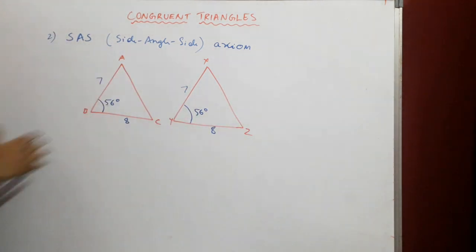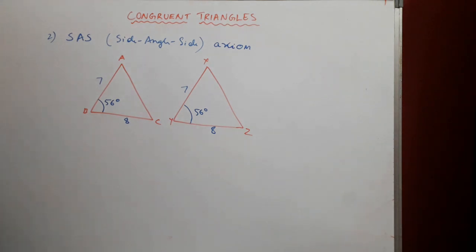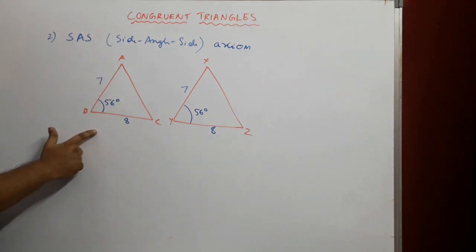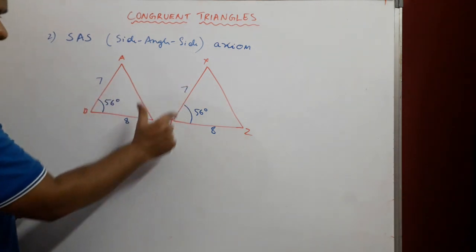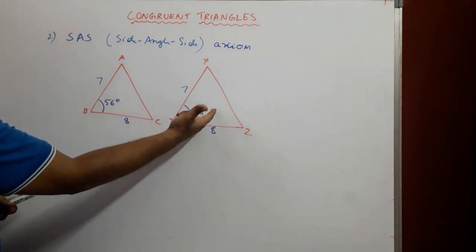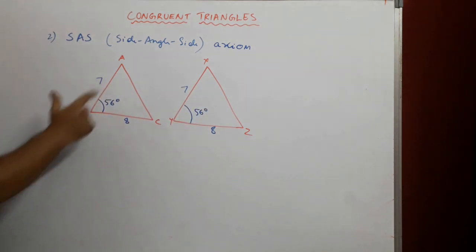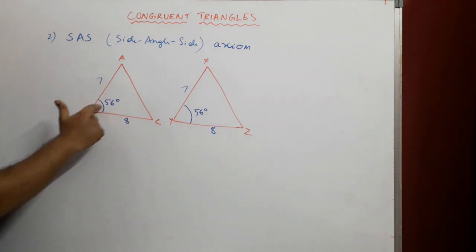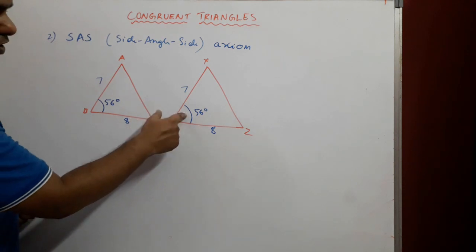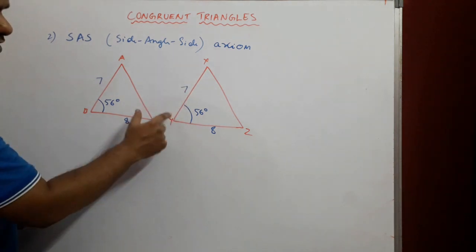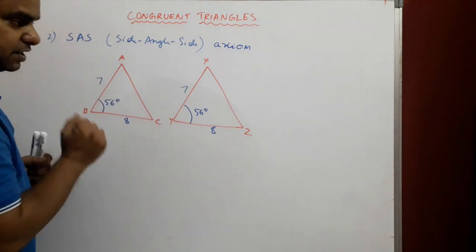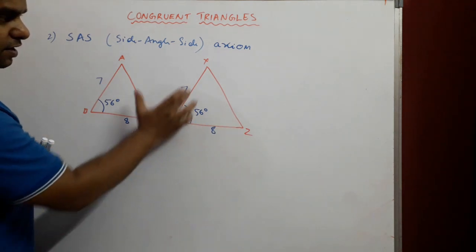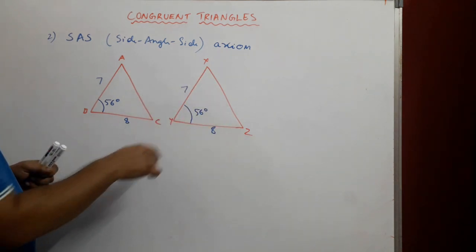In an SAS axiom, all that is needed is that two adjacent sides of one triangle should be equal to two adjacent sides of the other triangle, and the included angle, that is the angle formed by those two sides, angle B in this case, should be equal to the corresponding included angle. We say included because it is formed between the two sides in question.